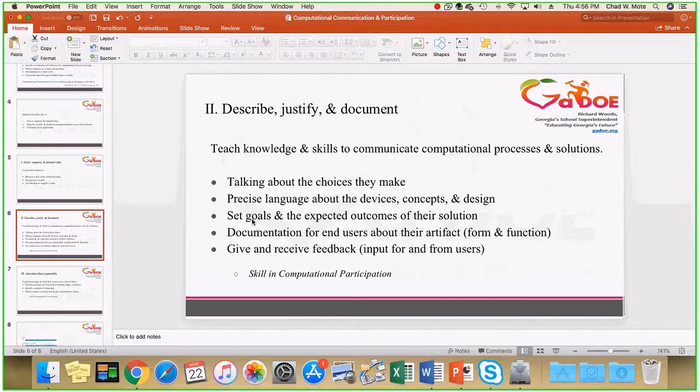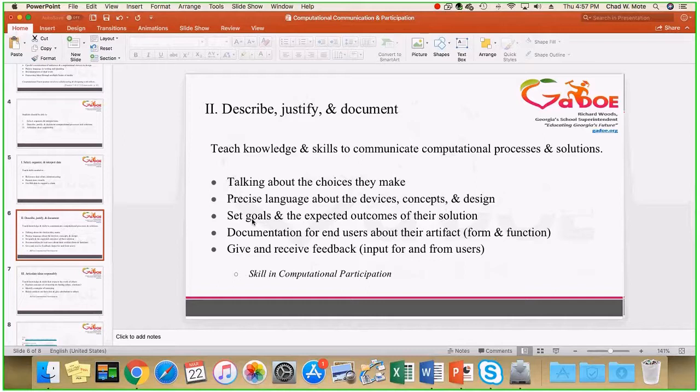programs in computer science, it could be thinking about, for example, game design. What is my game? What is the purpose of the game? Who's going to use it? What does that look like? And then setting goals towards that particular outcome.